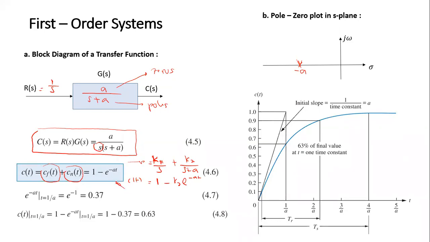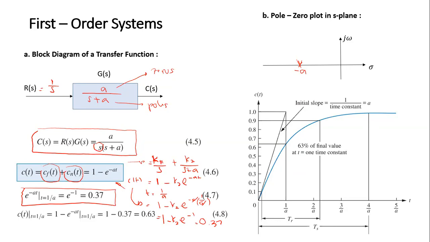Let me analyze. What if we take t equals 1 over a? Then this equation will be 1 minus K2 exponential minus a times 1 over a, so you get exponential of negative 1, which equals 0.37.